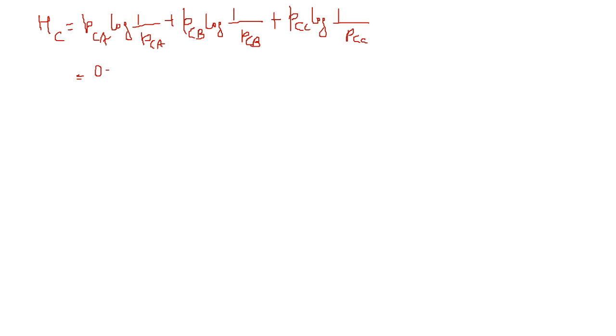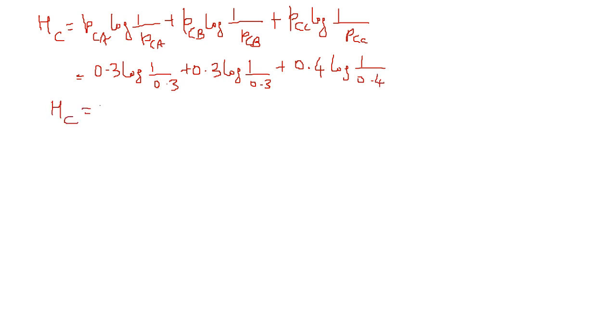So we'll get it as 0.3 log 1 by 0.3 plus P_CB will be 0.3 log 1 by 0.3 plus P_CC, which is 0.4 log 1 by 0.4. So once we substitute, we'll get HC is equal to 1.571 bits per message symbol. So this is the value of your HC.